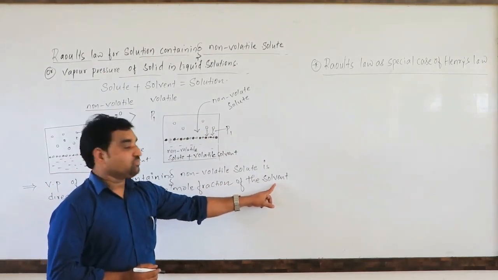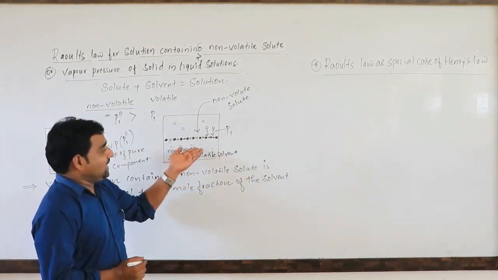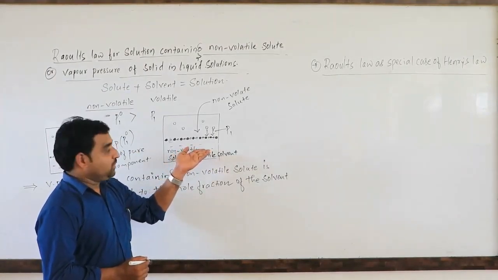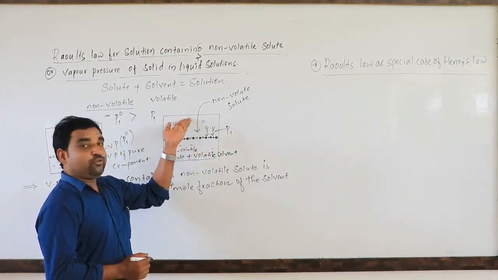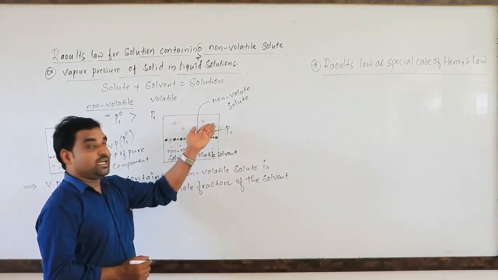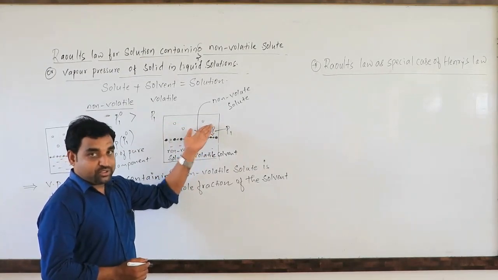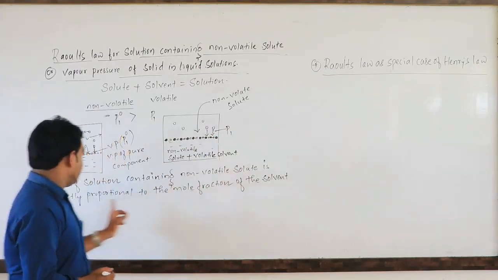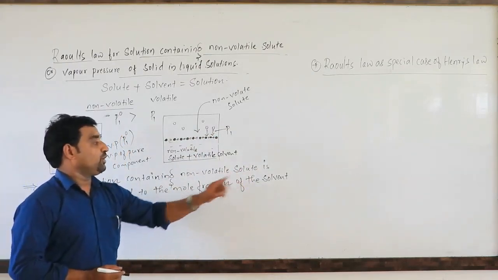What does it mean? If the volatile solvent is present, its number of moles is expressed as a mole fraction. It will evaporate to form vapor molecules, and those will exert the pressure. This mole fraction is directly proportional to the vapor pressure. That is the meaning here.